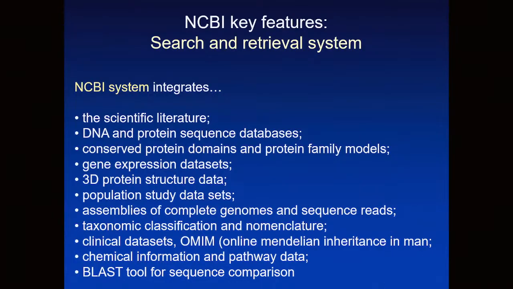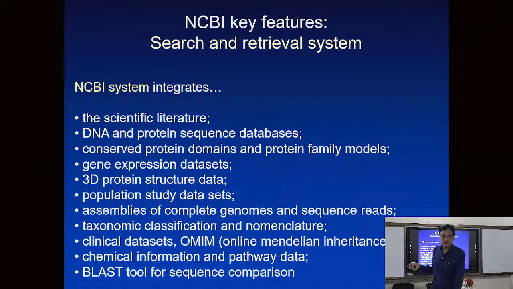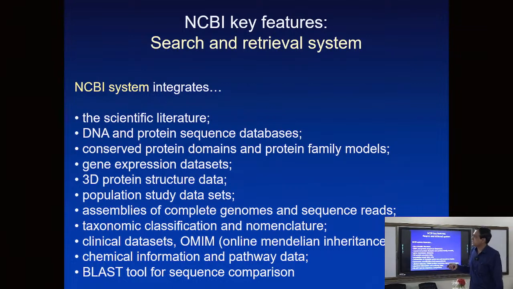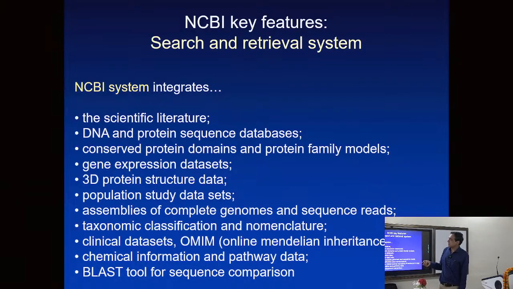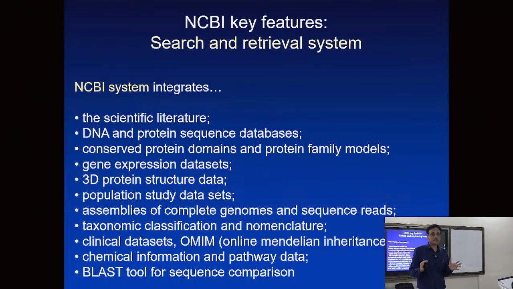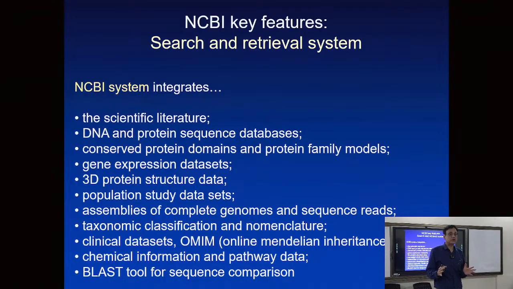NCBI system integrates, so these are the features of NCBI. The scientific literature which we just discussed, and DNA and protein sequence data. So there are databases of DNA and protein sequences. Conserved protein domains: there are regions in proteins that are conserved over the course of evolution because they are important for the functions of the proteins.